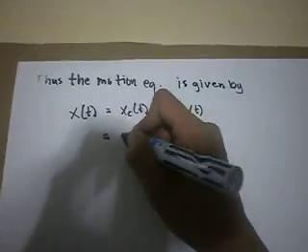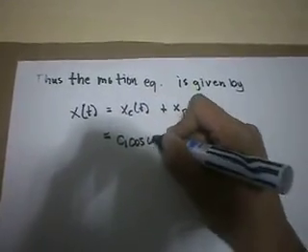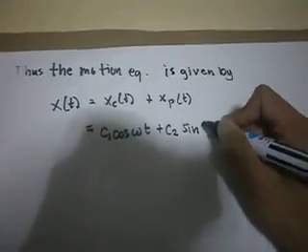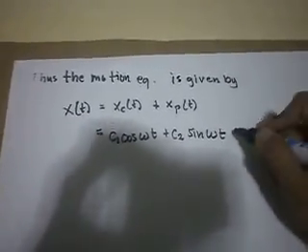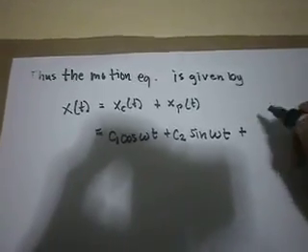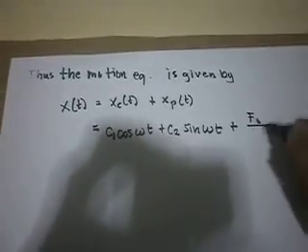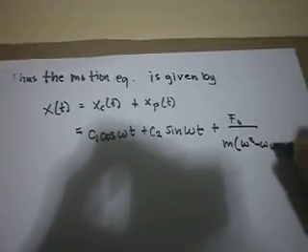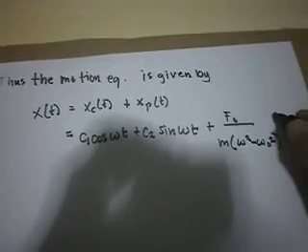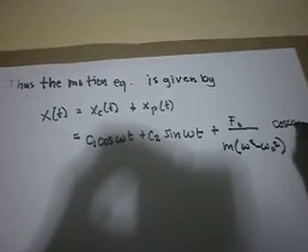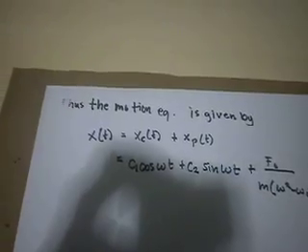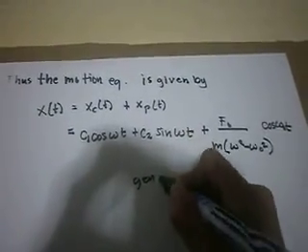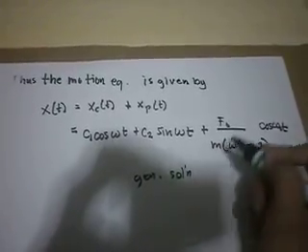Our x_c a while ago was c1 cosine of omega t plus c2 sine of omega t, and our x particular was F_0 over m times omega squared minus omega_0 squared, times cosine of omega_0 t. So this is our general solution.